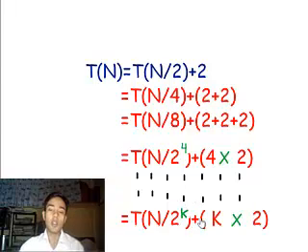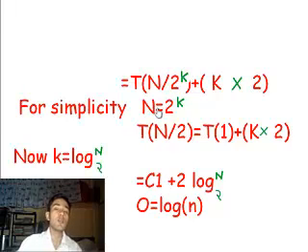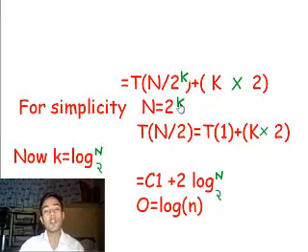To solve this equation, for simplicity we assume that n is equal to 2^k. So we substitute n = 2^k in this equation. So T(n) is equal to T(1) + k × 2. And now k is equal to log of n to the base 2.